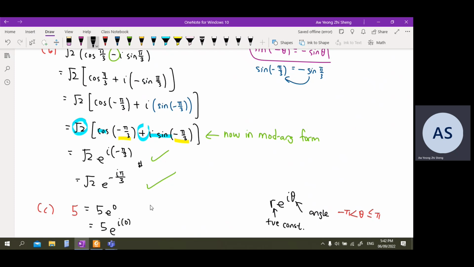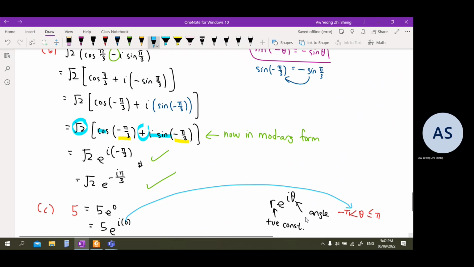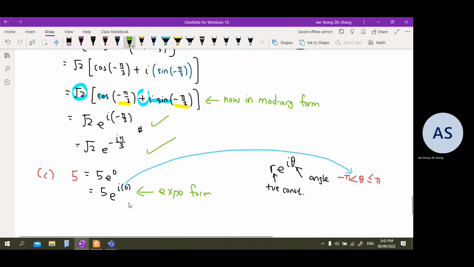And then you have e followed by power I times 0, and 0 is a value somewhere in between negative pi to pi. So it is a valid principal argument. So this is already in exponential form. Okay, so we are done here.